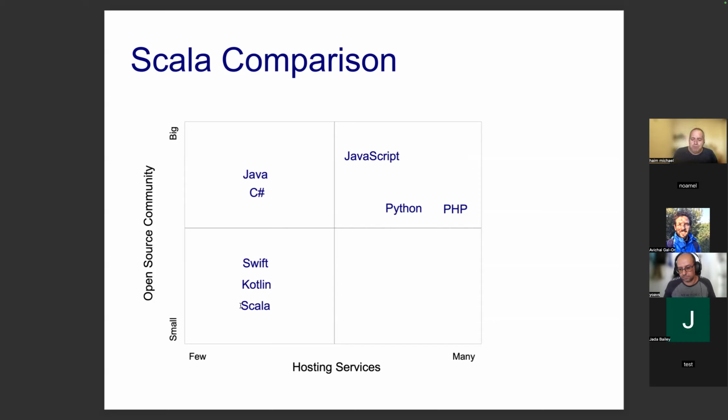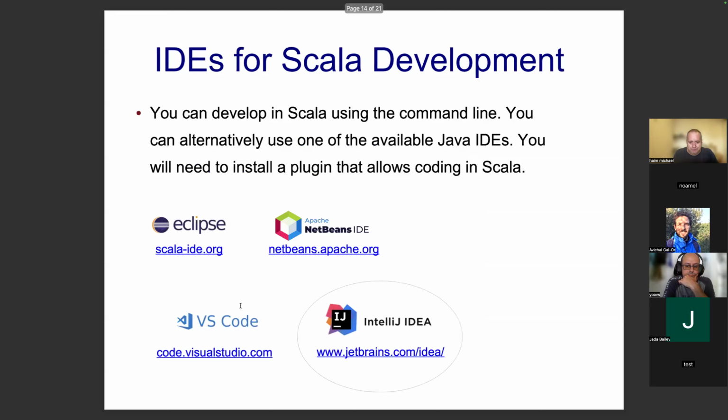Some of them support Python. Some of them also support JavaScript, but the support for Java, C Sharp, Swift, Kotlin, and Scala is limited to the big cloud providers. So if you have in mind an idea and you are not familiar with those big ones, such as Google Cloud, Amazon Web Services, and so on, you have a problem. So good to know about that as well.